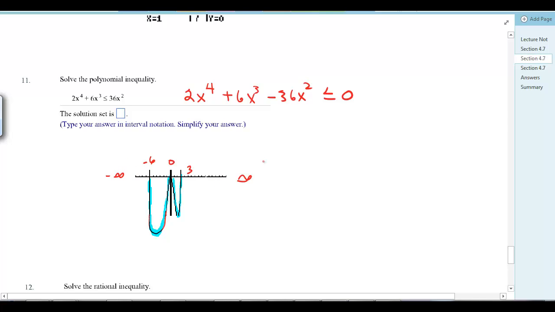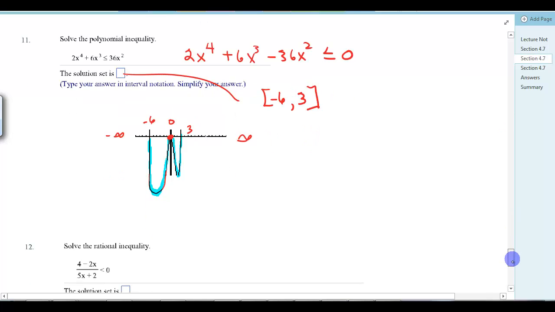So for our solutions, where is it below, less than or equal to? And since that's a less than or equal to, that's included, so it's actually not going to break there. So what's it going to be? It's going to be from -6 all the way to 3. And that goes in that box.